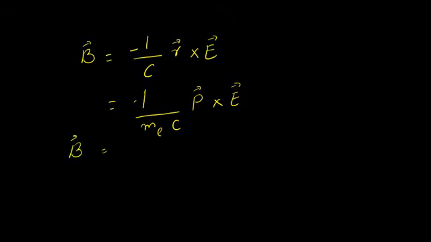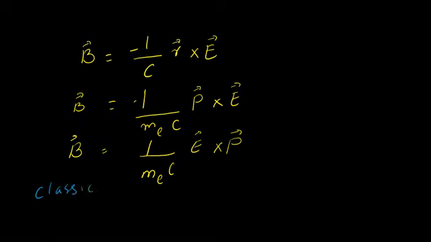So B will be equal to 1 over m_e c into E cross p. This field is found from classical electrodynamics.